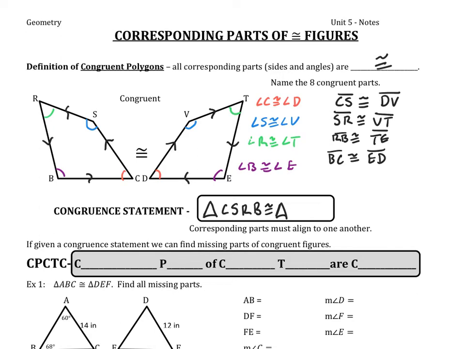So C is congruent to D, then S to V, R to T, B to E. So the placement in the congruency statement is going to tell you what bits are congruent to each other. That's the purpose of a congruency statement.